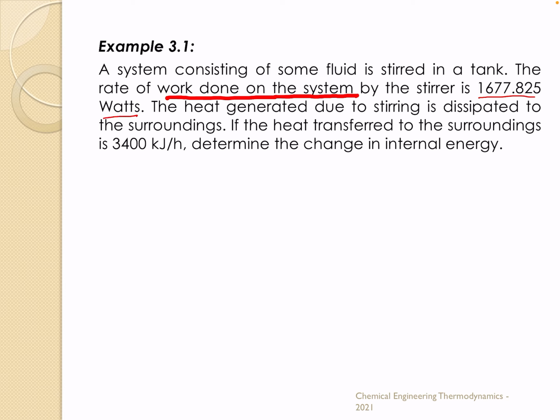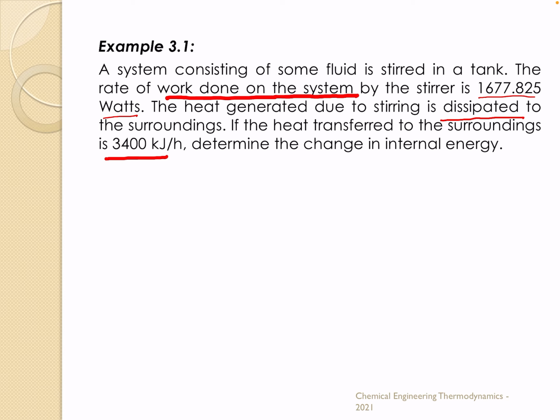The heat generated due to stirring is dissipated, so that means heat is lost, so that's negative. Work done on the system, remember we said, is negative, and whenever heat is lost it is negative as well. If the heat transfer to the surroundings is given, that means the heat being lost to the surroundings is that. Determine the change in internal energy.